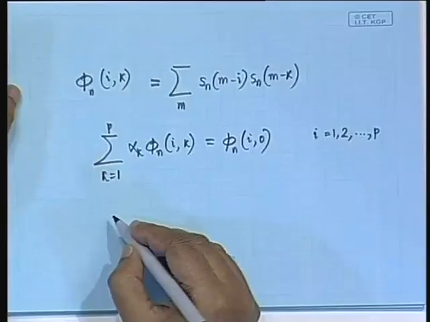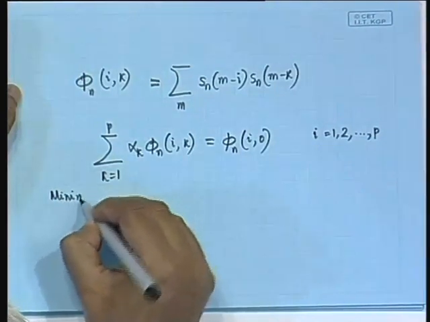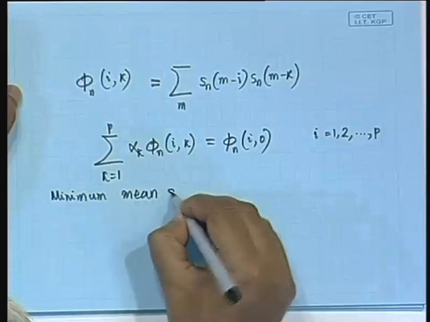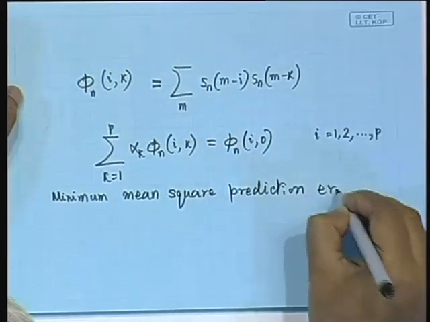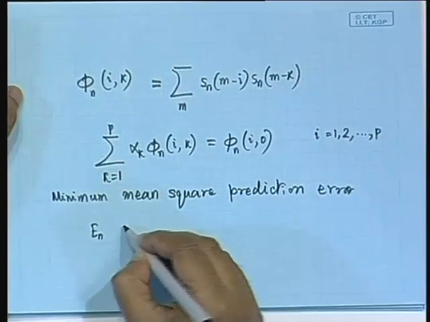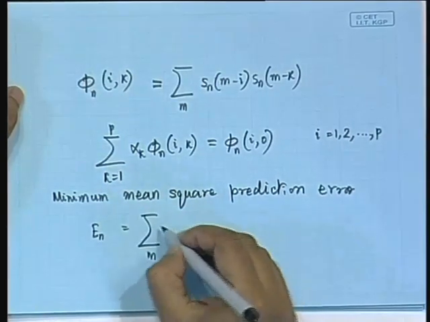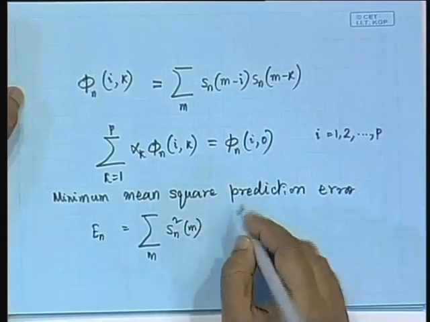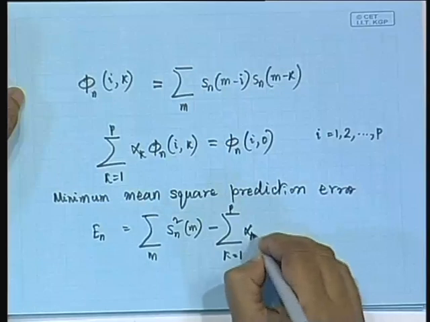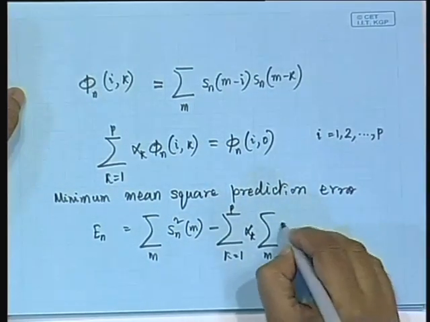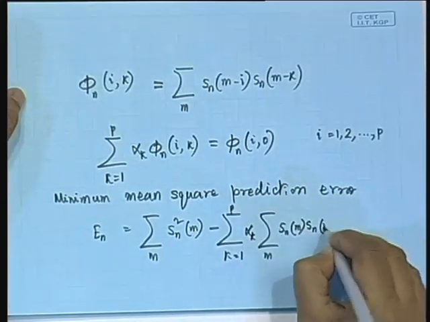So it is from the minimization of the error consideration. If we put this condition and substitute it into the error expression, then the minimum mean square prediction error En is equal to the summation over m of Sn square(m), minus summation k equal to 1 to p alpha k summation over m of Sn(m) Sn(m minus k).